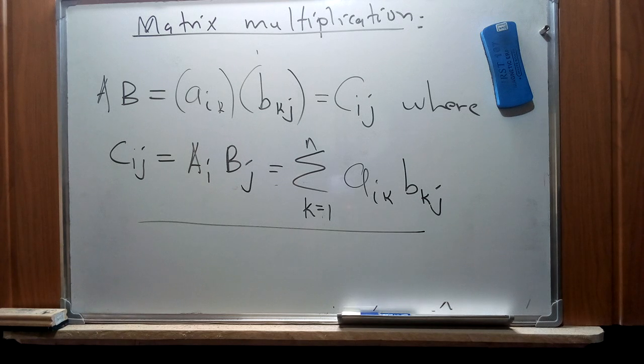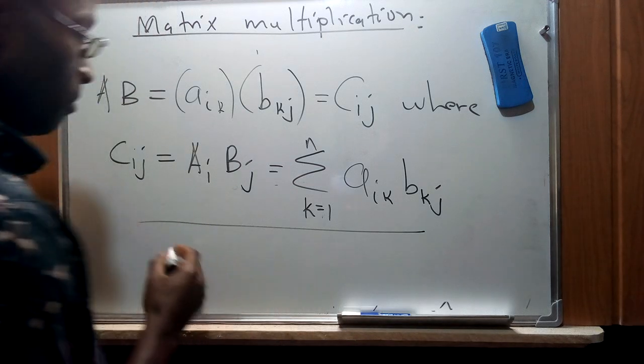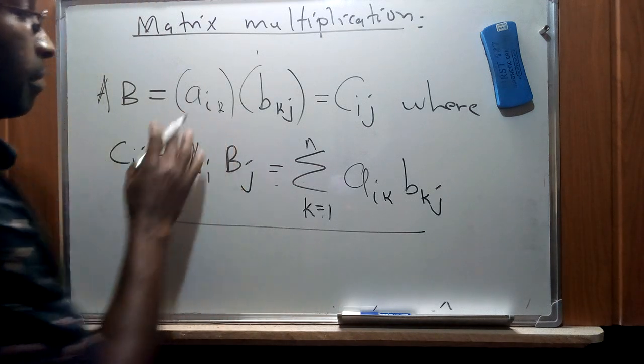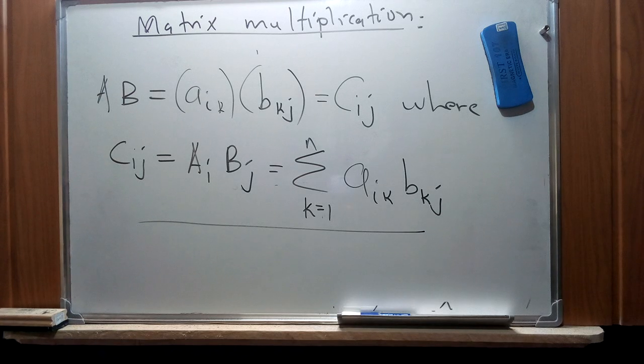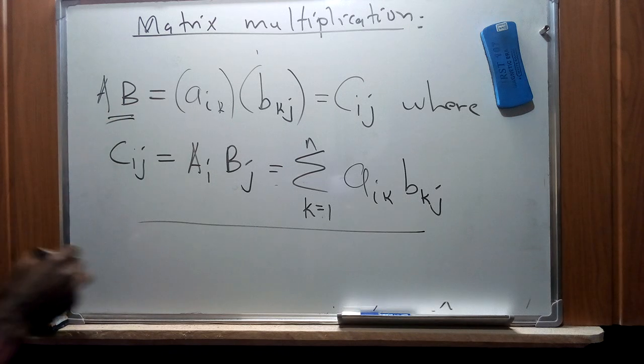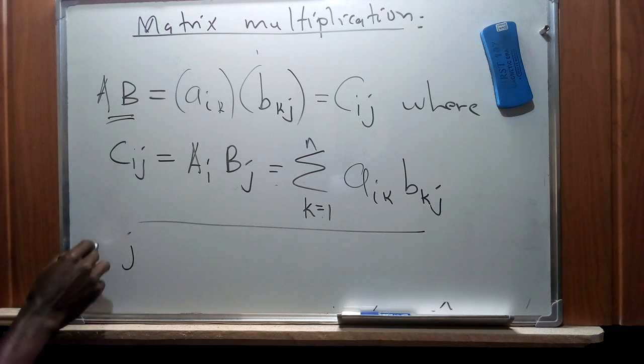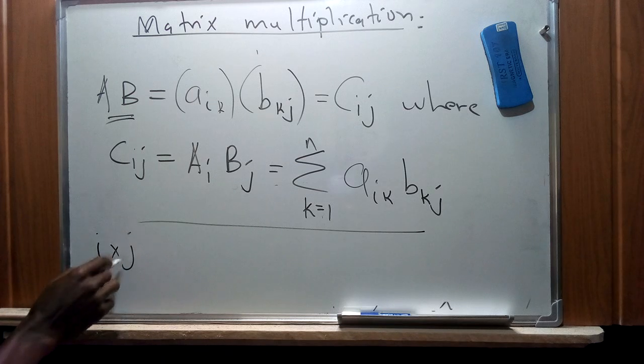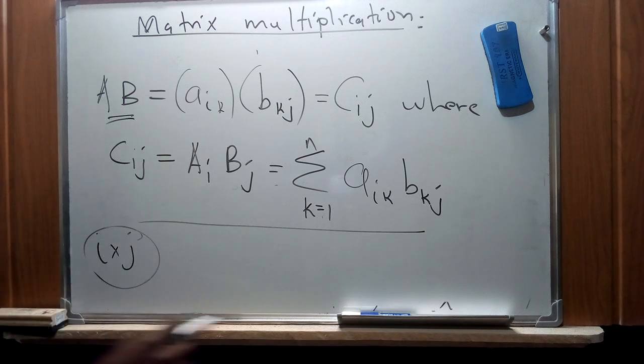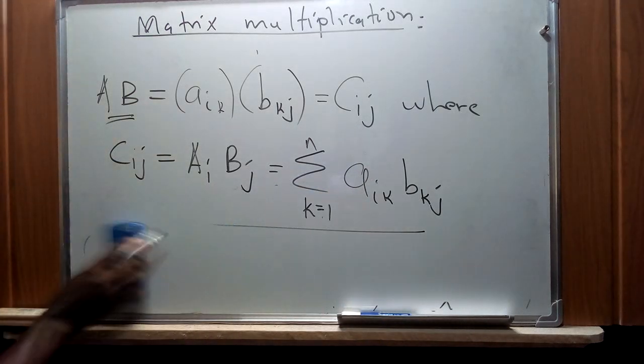If the number of columns of A is not equal to the number of rows of B, then AB cannot be defined. So in actual sense, the number of columns of A and the number of rows of B must be the same in order for us to perform a multiplication.